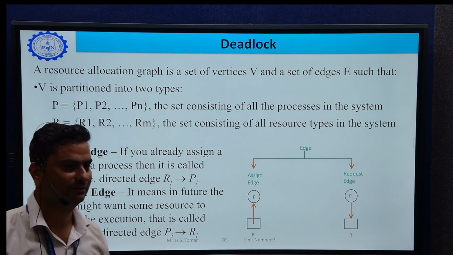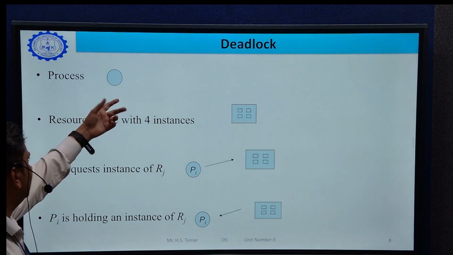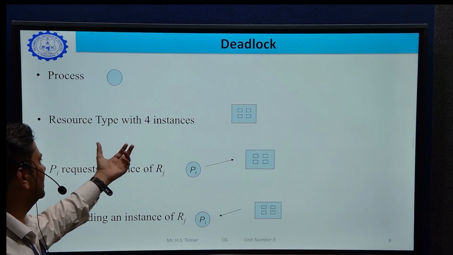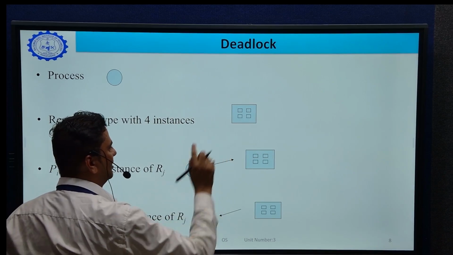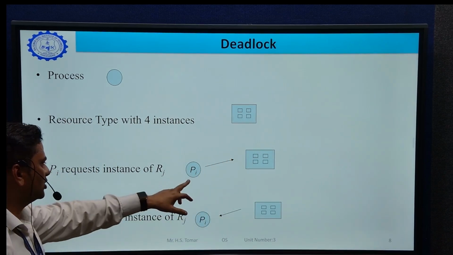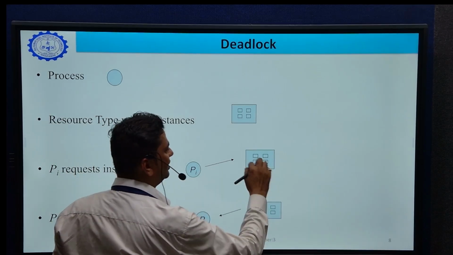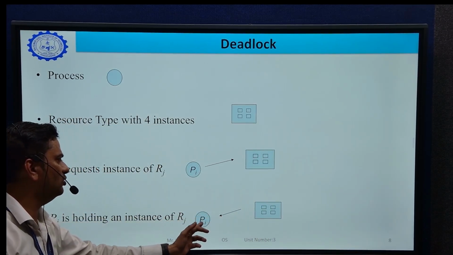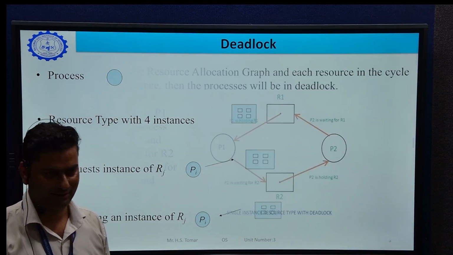Processes are denoted with circles, and resources are in square boxes. This is the multiple resource type. Now a process Pi is requesting, the arrow is toward the resource for requesting, and this arrow shows resources allocated to Pi. This is allocated, holding.